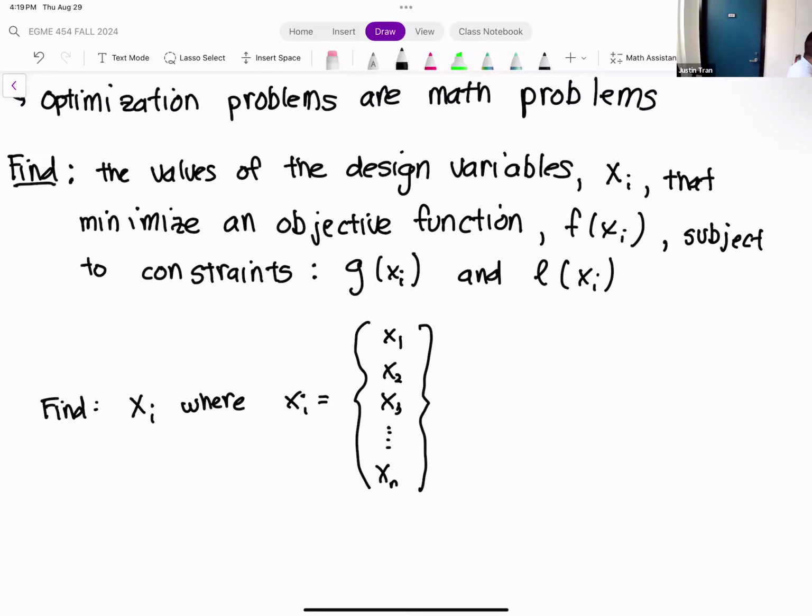Where lowercase n is the number of design variables in our particular system. We want to find xi, which minimizes our function f of xi.